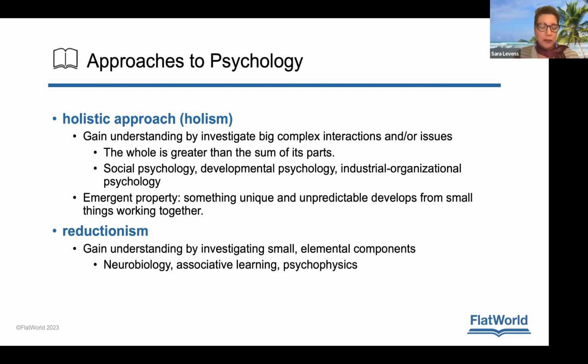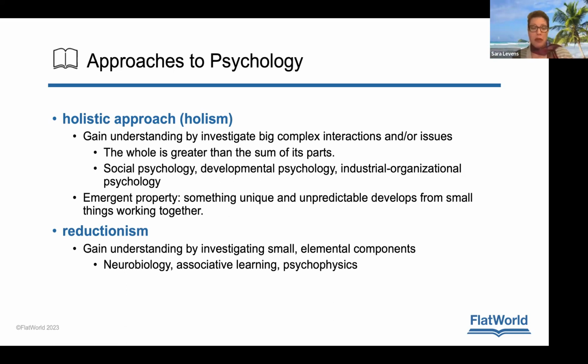On the flip side, we have reductionism, which is basically the opposite. It focuses on the small pieces, and we try to gain understanding by investigating the small elemental components of a larger process or outcome. These would include things like genetics, looking at small components to see what effect they are having on a larger system.